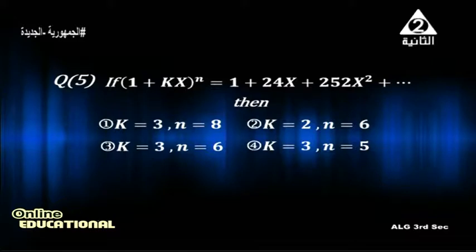The first term is 1, the second term is 24x. The second term 24x must equal nC1 times k times x, and the third term nC2 (kx)^2 equals 252x². In this case, the correct answer is k = 3, n = 8.